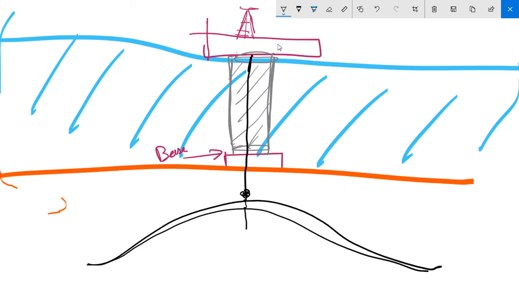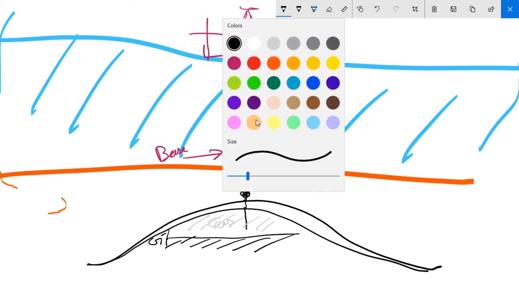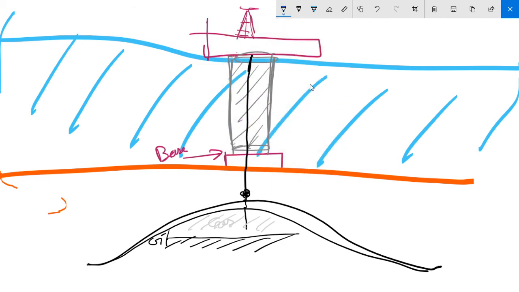Here we get the gas, we get crude oil here, and we get water in here.